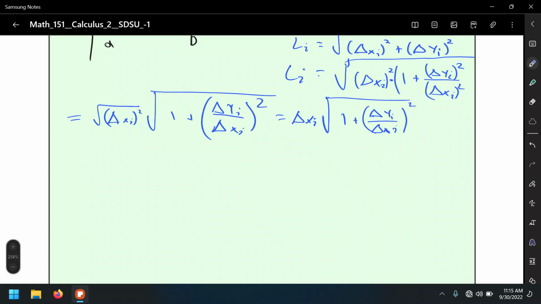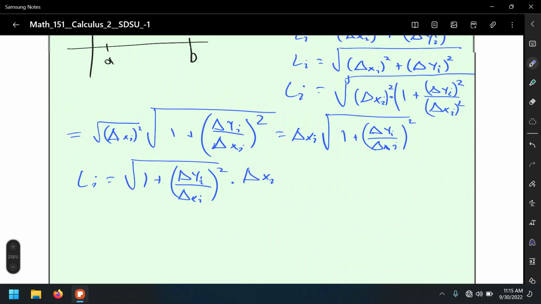Now, to see this in a lot easier way, how about we write that delta x sub i after the radical. So that's square root of 1 plus delta y sub i over delta x sub i, quantity squared, times delta x sub i.